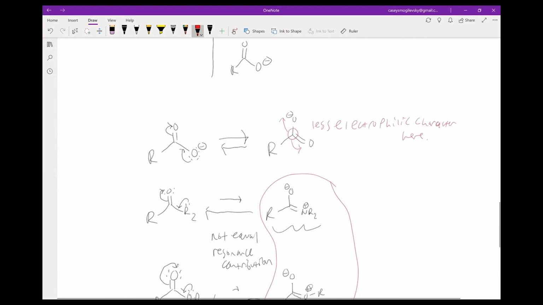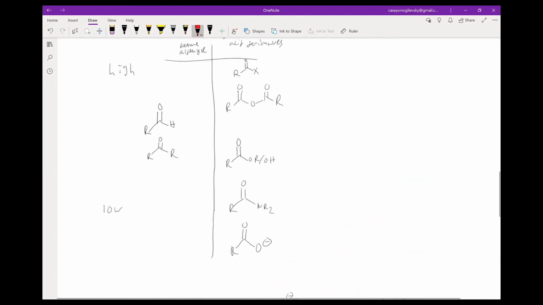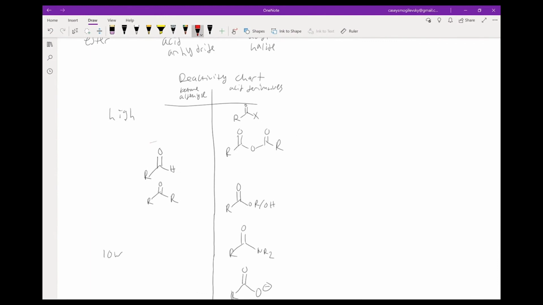Even in these resonance structures, you can see that you have this electron poor carbon right here, and it's next to a very electron rich oxygen, such that it can just donate its electrons and form this other resonance structure, and it just flip flops. So this carbon, this electrophilic center, is overall much, much less electrophilic than, for example, this aldehyde.